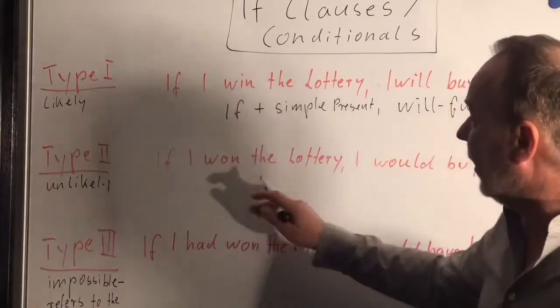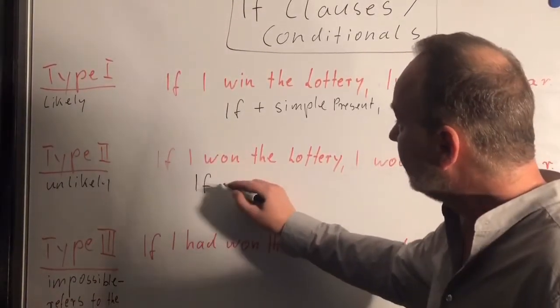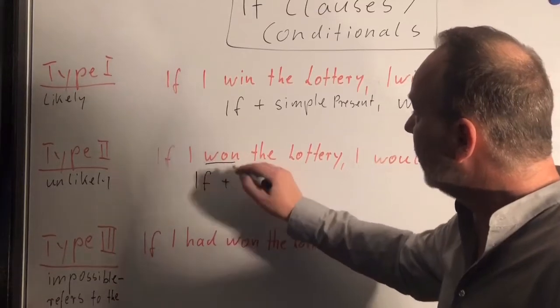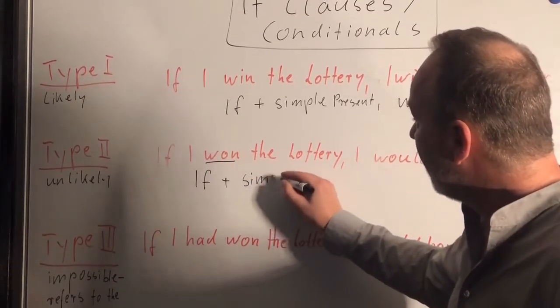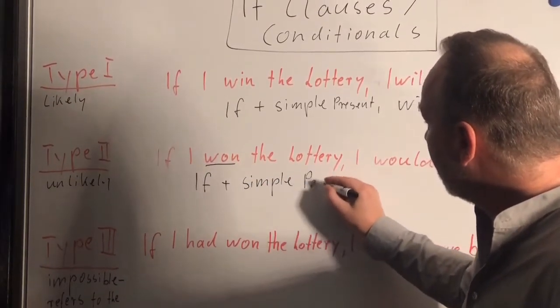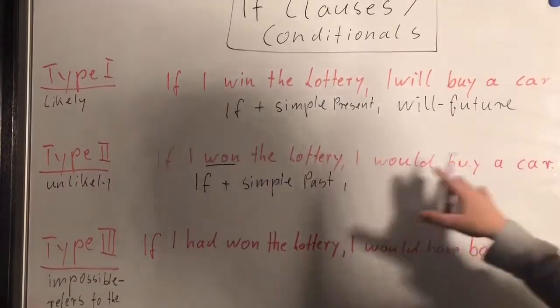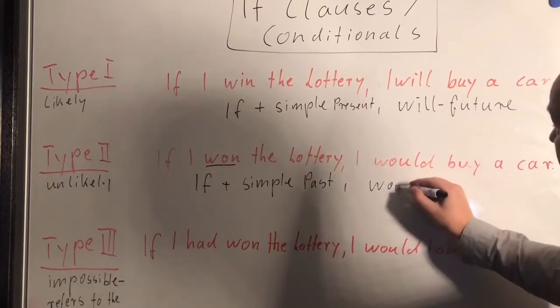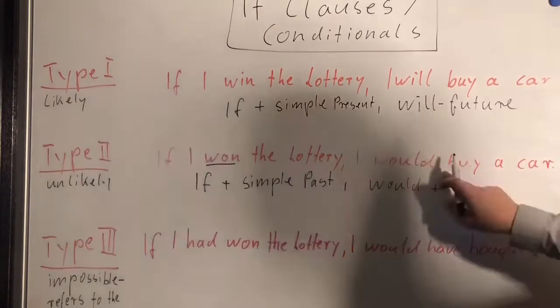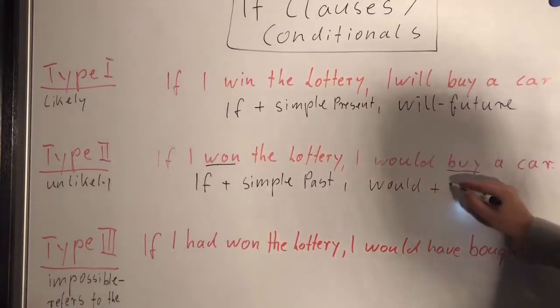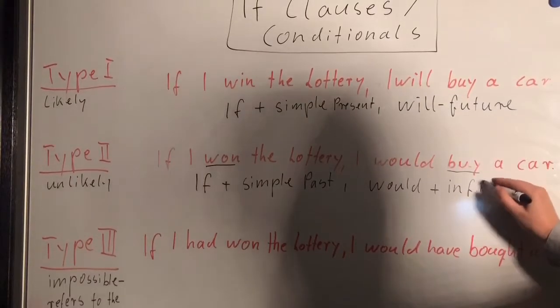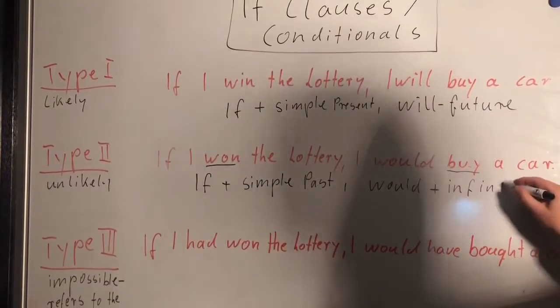So the grammar here, if, then the one, of course, that's the simple past. And the second part of the conditional, would plus the infinitive form of the verb, infinitive.